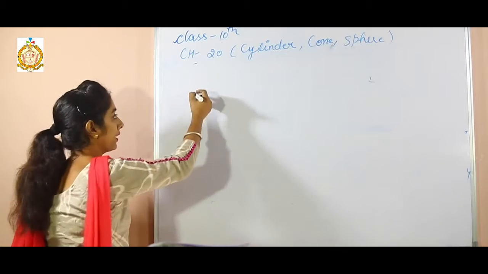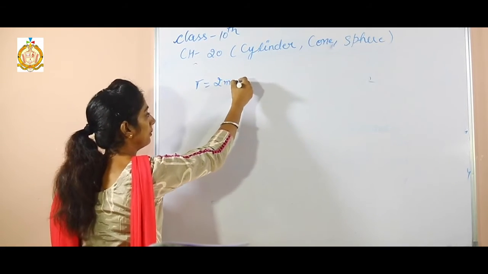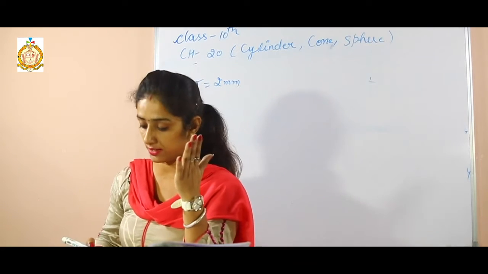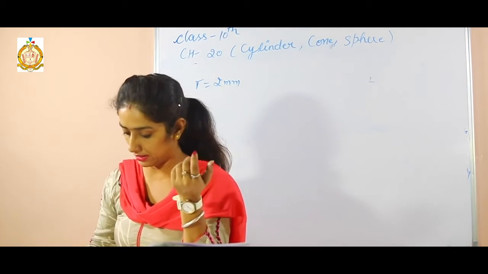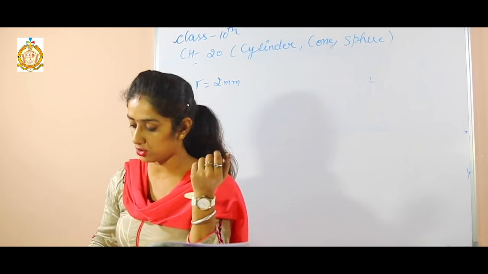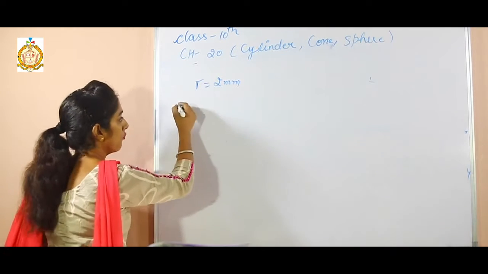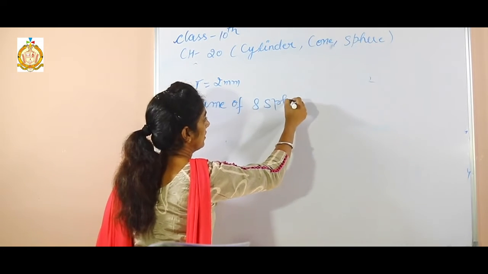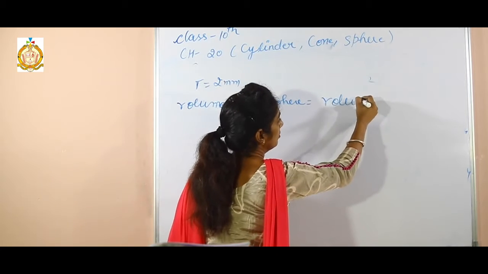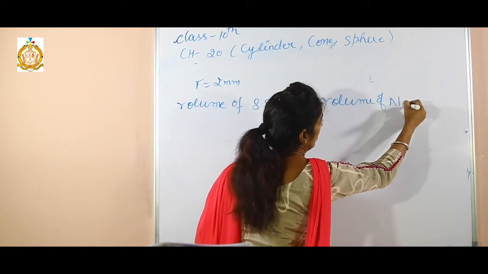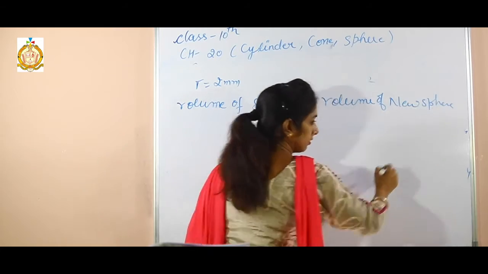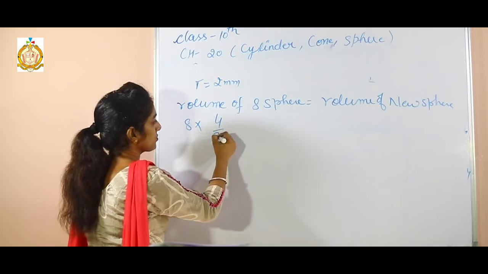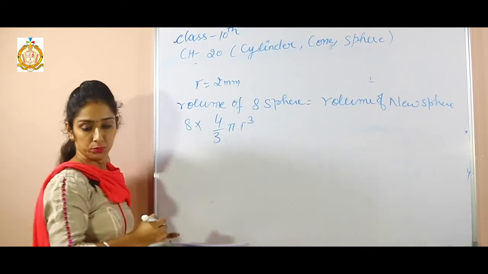Now see, here radius is 2 millimeter, right? 8 metallic spheres are there, each of radius 2 millimeter, melted and cast into a single sphere. Means volume of 8 spheres is equal to volume of the new sphere, right? Now what is the volume of a sphere? That is 4 by 3 pi r cube, right?